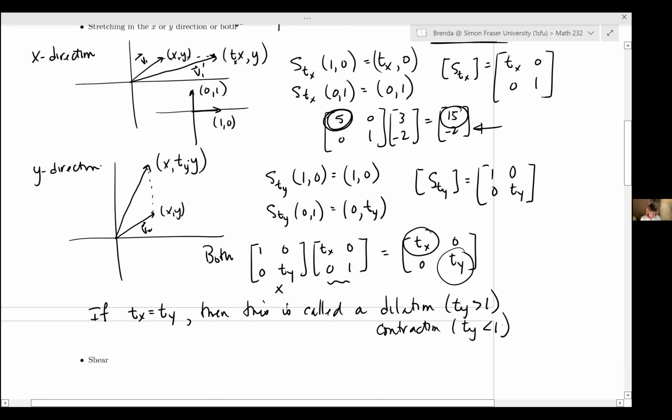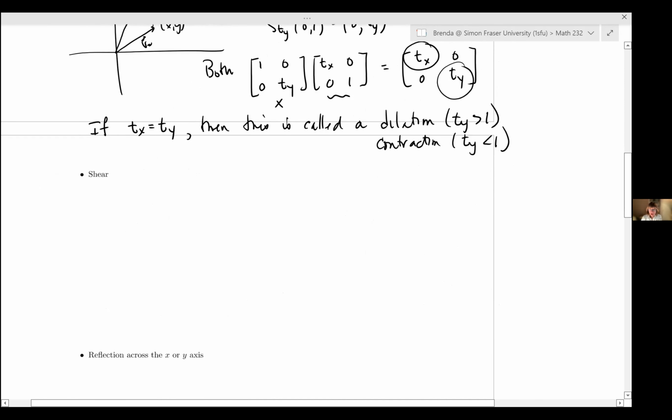All right, so we now have the ability to use a matrix to rotate a vector, and we also have the ability to use a matrix to cause a vector to be stretched in either the x, y, or both directions. There's another type of geometrical operation called shear. I'm just going to define this by what it does to the basis vectors. There are two possible shears.